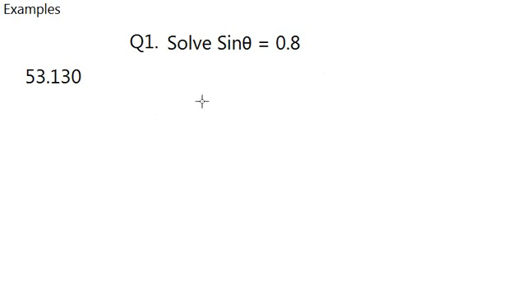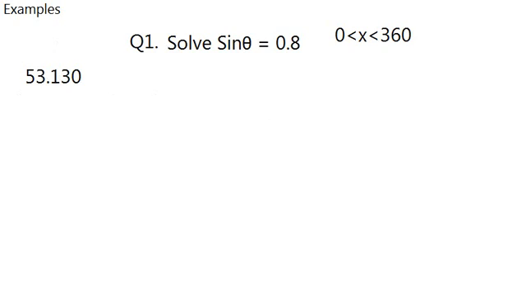There are two possible solutions, and most likely the question will say give the answer for theta in between 0 and 360. The calculator only automatically gives one specific output.